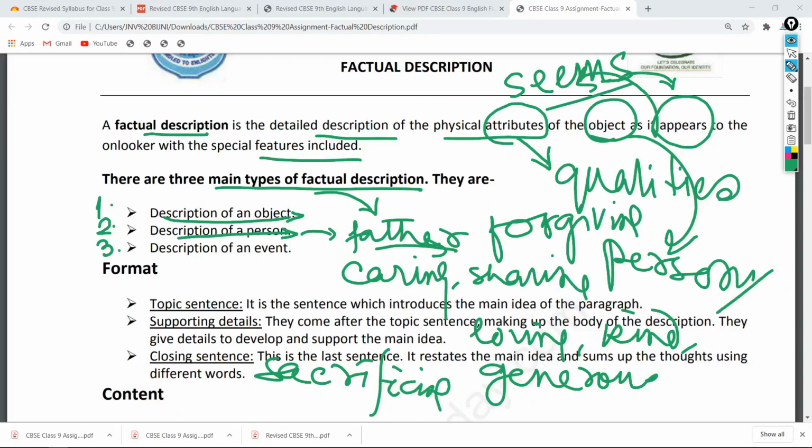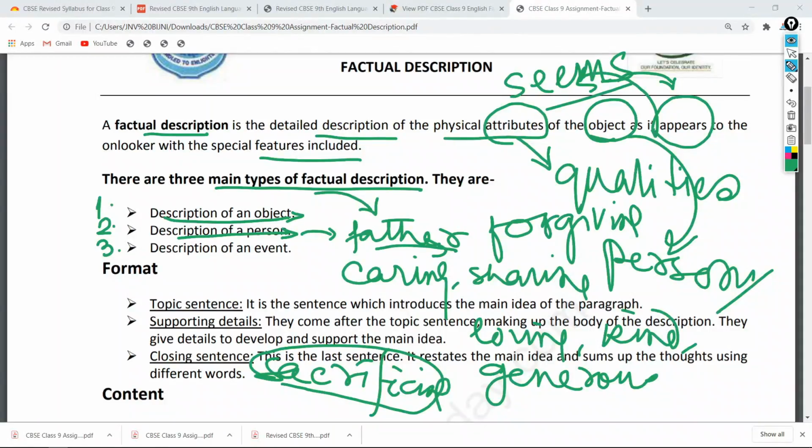Now I am just telling some adjectives, and just by using these adjectives, you can make separate sentences, and you can give some instances also. Say for example, you are talking about the loving, caring, and particularly the sacrificing nature, the generous nature of your father. Then you are telling a particular incident, like once you fell ill, or once you were hospitalized, and then the father took a leave from the office, so he was continuously there with you.